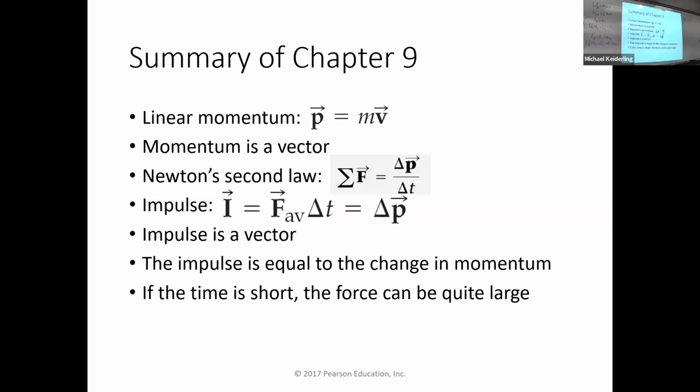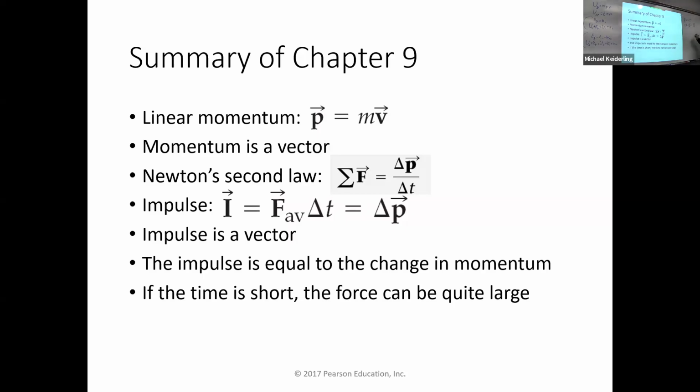We can use momentum to re-express Newton's second law as the sum of all the forces equals change in momentum over change in time, or with calculus, dp/dt.